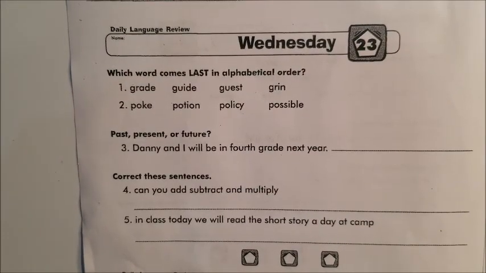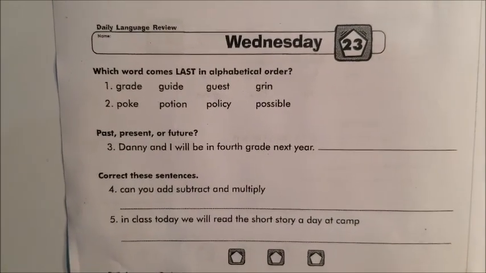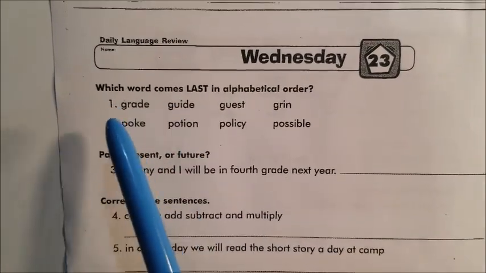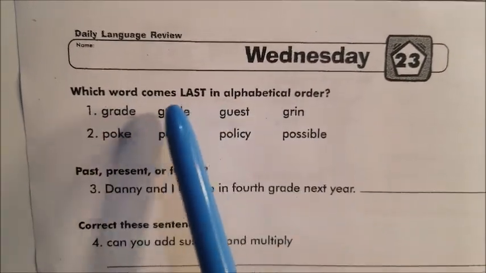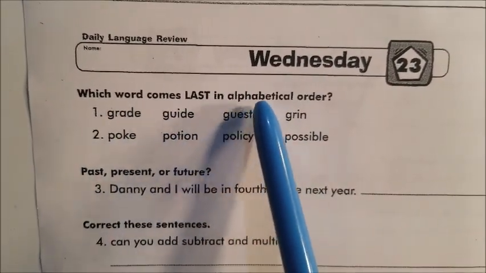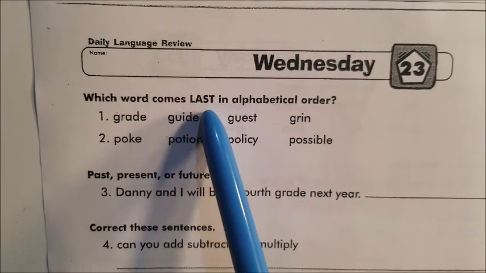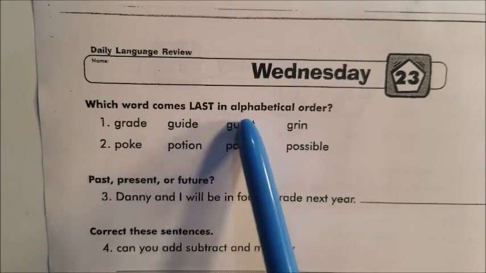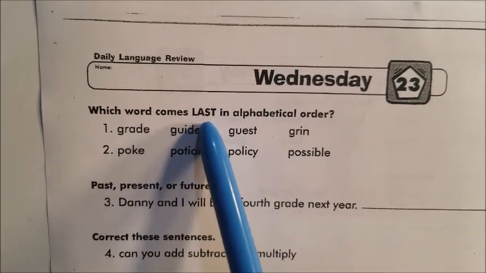Let's look at some of our daily language review here today, boys and girls. It looks like we're going to have to use our alphabetizing skills here. Which word comes last in alphabetical order? Oh, keyword last. A lot of times people do these and they don't look at the directions. So last, that sticks right out.